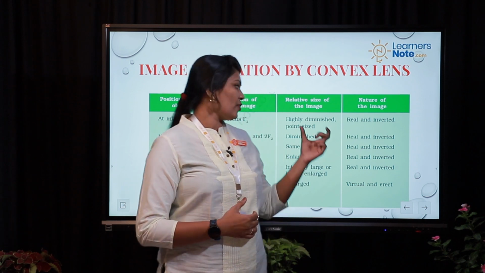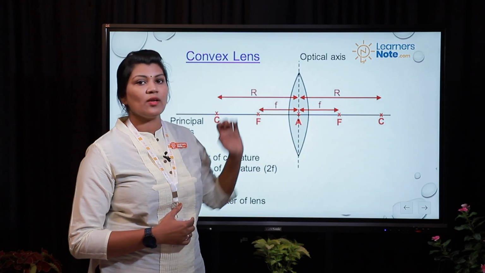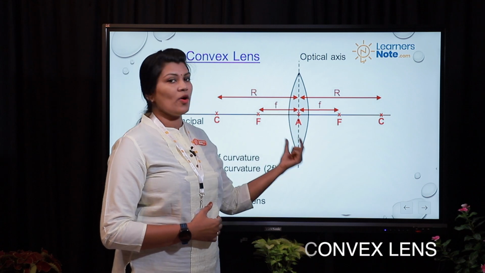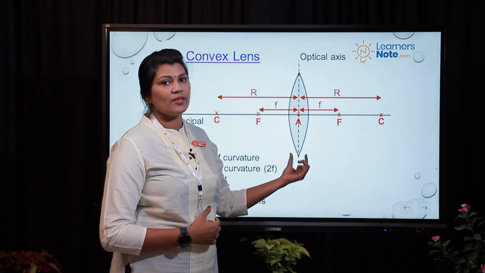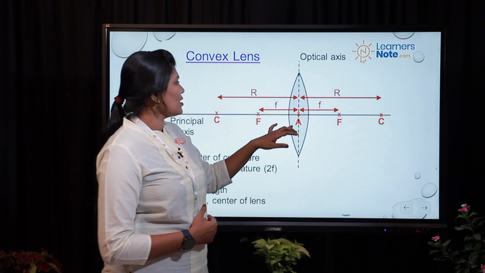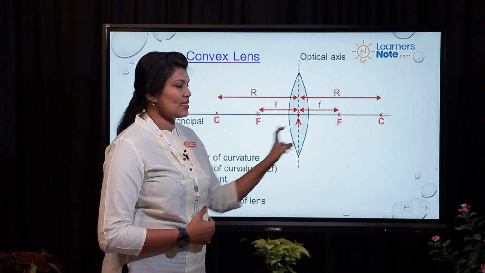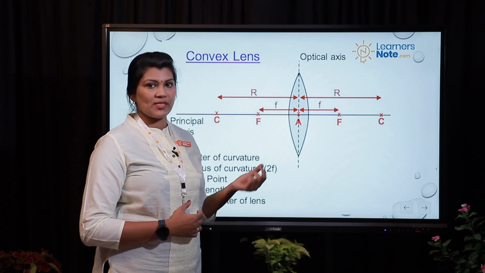Before going into detail, we have to know the construction or structure of a convex lens. This is the structure. This is a convex lens. We can see that both surfaces are curved outward. Then we can see that there is a point F on both sides, and this F indicates the focal points or focus points.